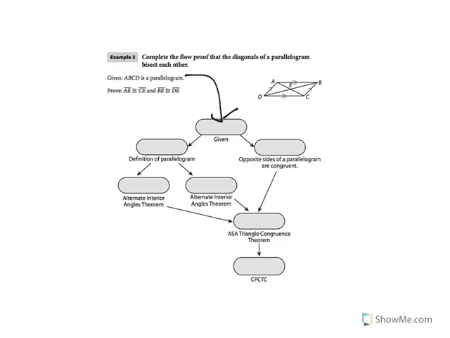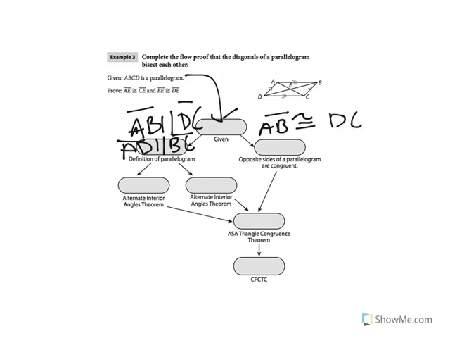So we say that for a parallelogram, the definition of a parallelogram means that AB is parallel to DC, and AD is parallel to BC. And then it said opposite sides of parallelograms are congruent. So then we can say that AB is congruent to DC and AD is congruent to CB.